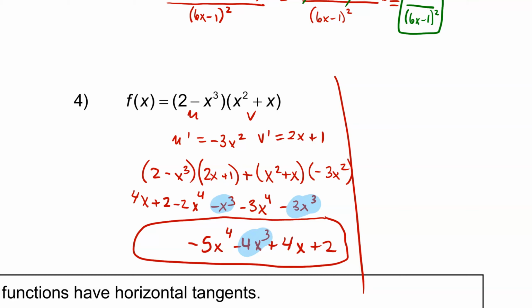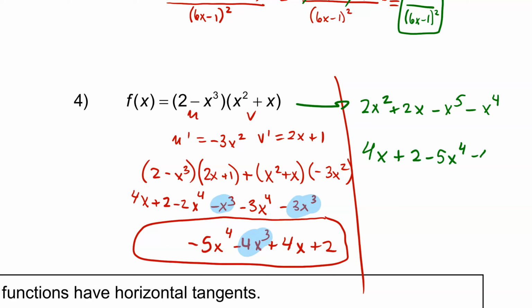Okay, let's FOIL this out. I have 2x squared plus 2x minus x to the 5th minus x to the 4th. Then if I take the derivative, I have 4x plus 2 minus 5x to the 4th minus 4x to the 3rd. Wait, same thing.